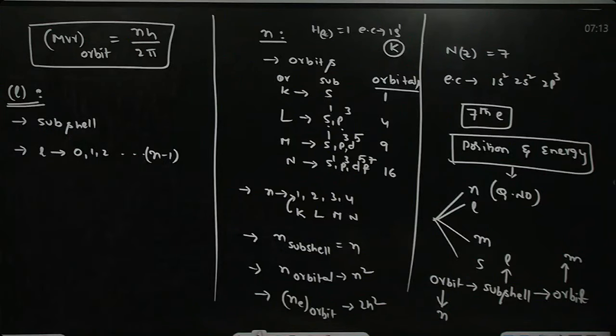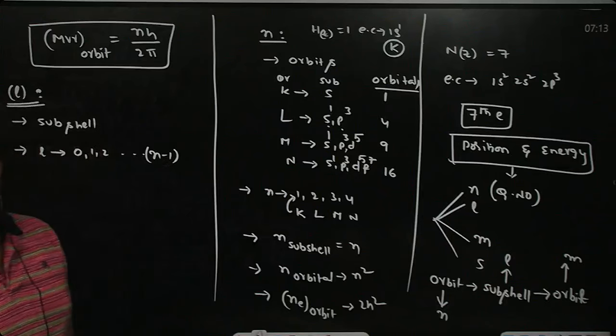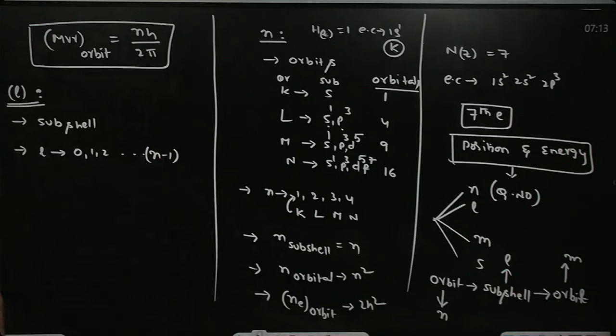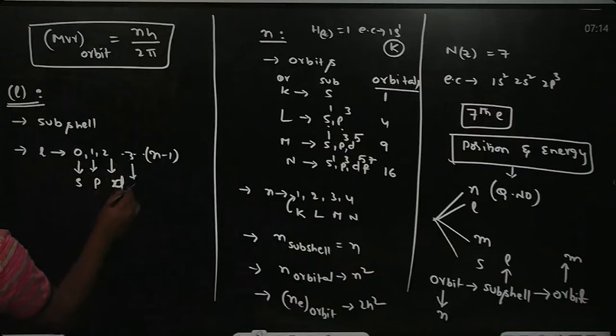The maximum value of l for an atom is n minus 1. The l values are constant for given subshells. For S you write 0, for P you write 1, for D you write 2, for F you write 3. Write down.